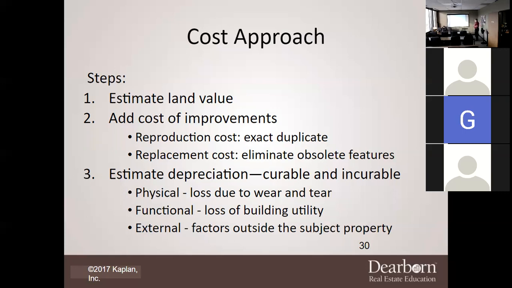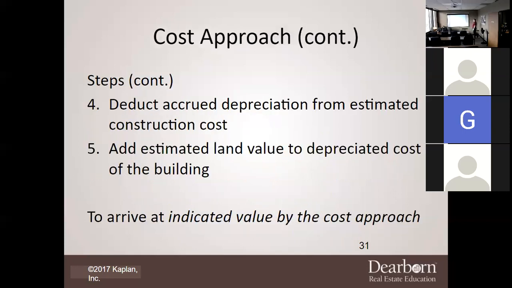So there's going to be a lot of depreciation taken off just from that. Then we also have to look at the functionality, the loss of business utility. And then we have to look at the external, which is the factors outside of the subject property. So we have to look at all of these elements and come up with a price to depreciate off this brand new built building.